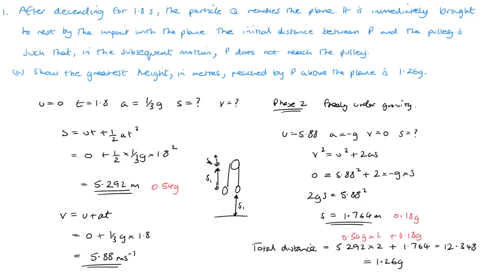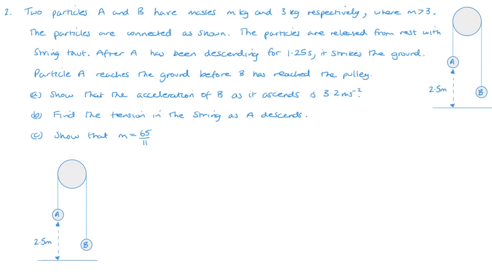Now let's have a look at question 2. So we have these. The mass of A is m and the mass of B is 3 kg. That's the tension in the string. And we've got m is greater than 3, so it's going to move in this direction.